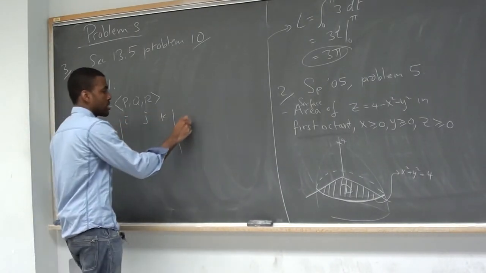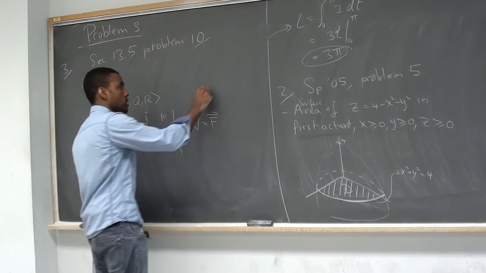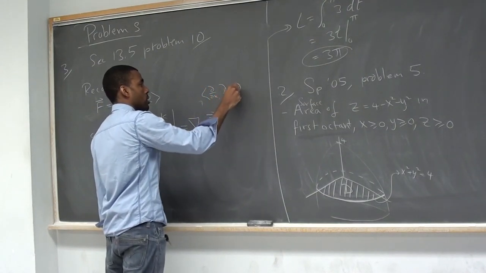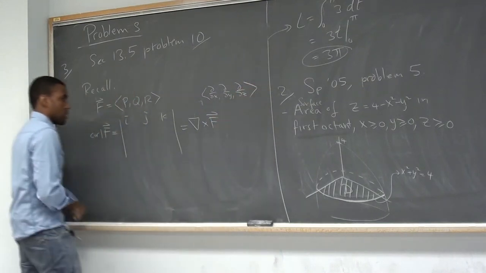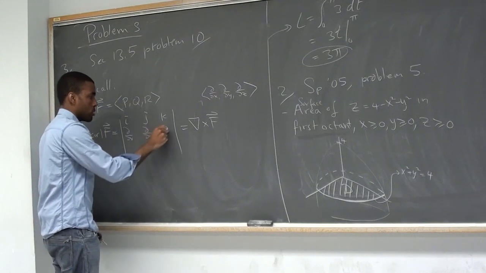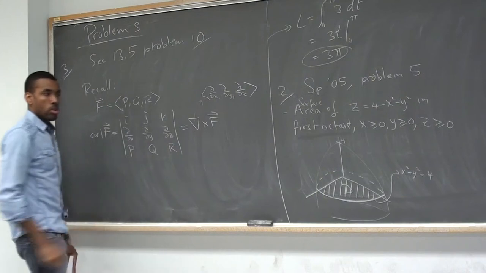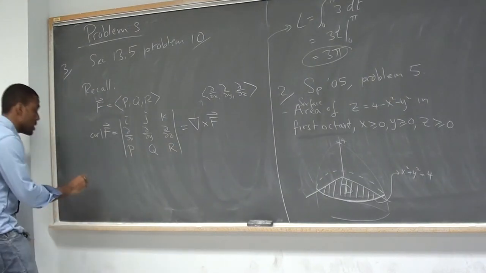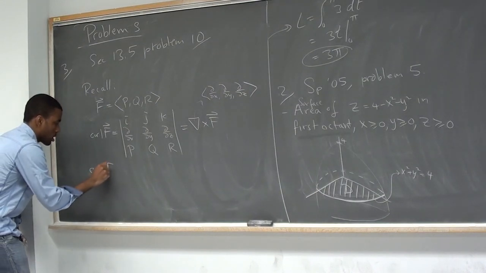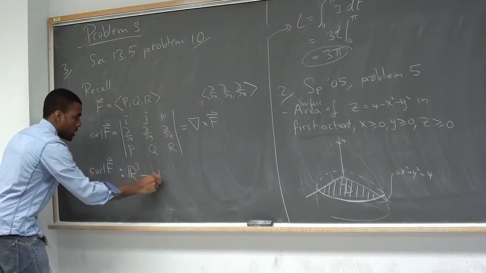You thought of it as del cross f, where del was this convention where we just put the partials in it. So here would be partial with respect to x, partial with respect to y, partial with respect to z, and you put the functions here, and then you do the cross product. That gave you the curl, which means that curl is a function that maps from R3 to R3.